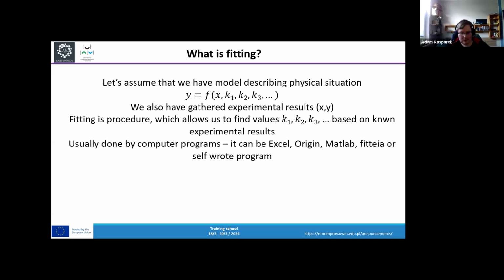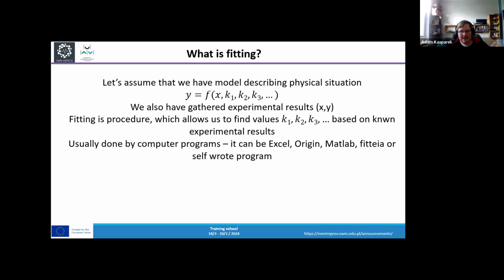For that reason, we need a model. And usually the model is a function which depends not only on the experimental results, in this case x-axis and y, but also on many other parameters, values k1, k2, k3.